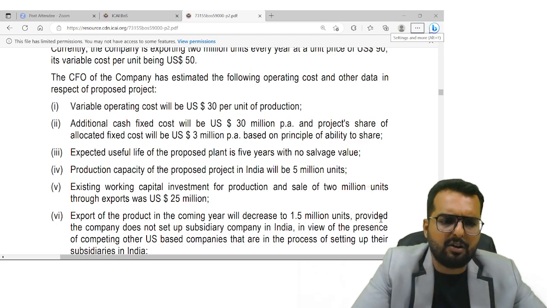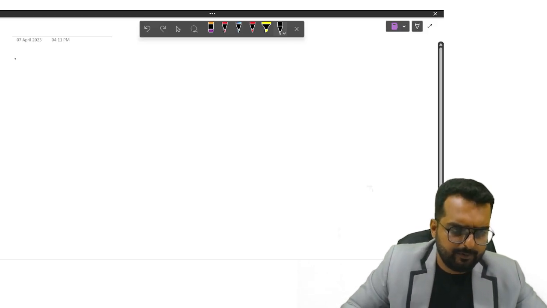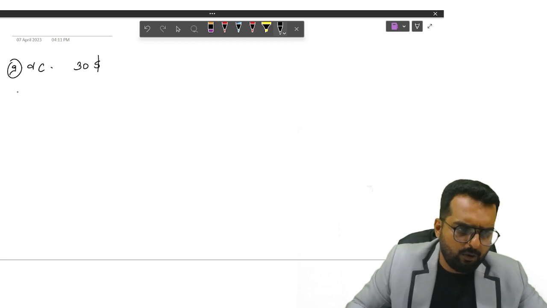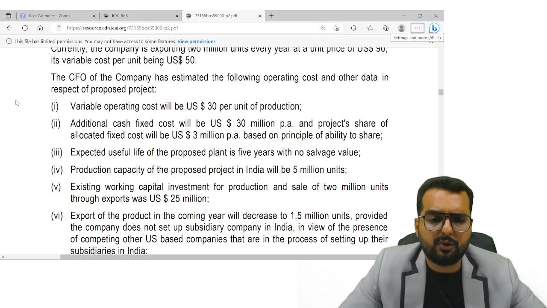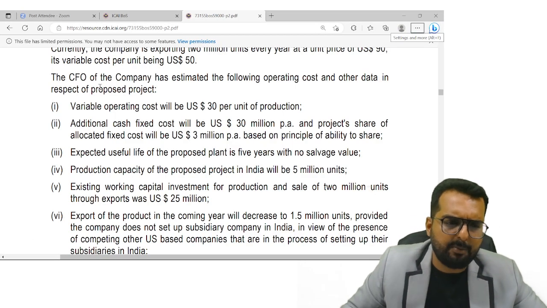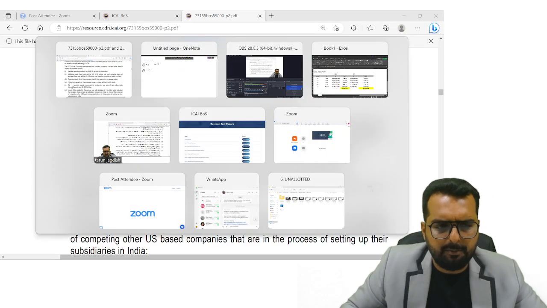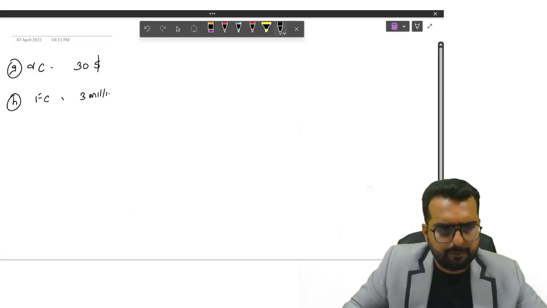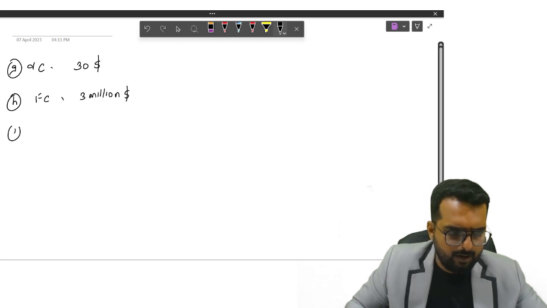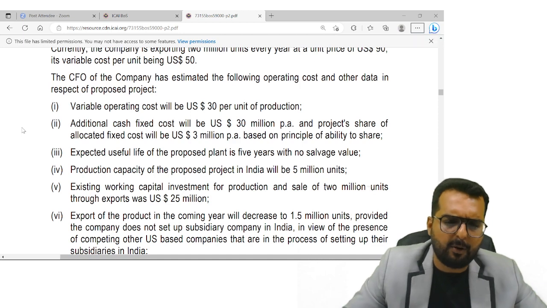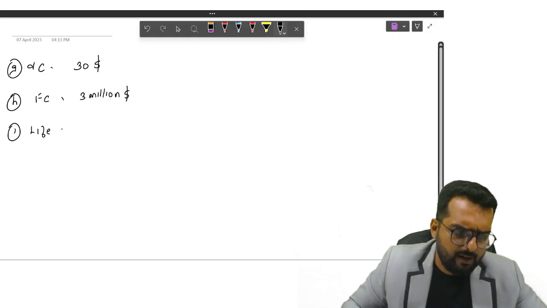Now they have given some extra details. Variable operating cost is $30. So I'll continue the same point: variable cost will now be only $30 in India. So the cost is coming down, and the project's share of allocated fixed cost is $3 million. Expected useful life of the project is 5 years.